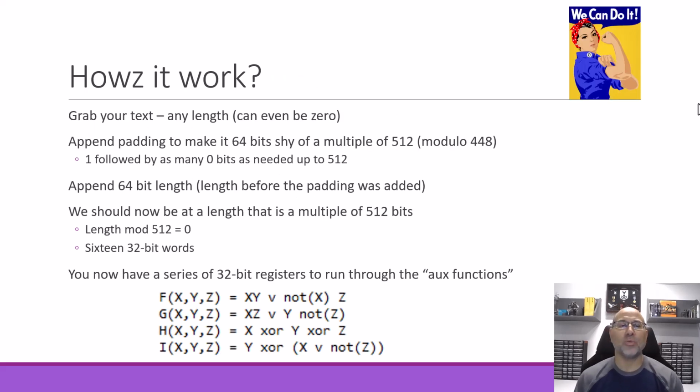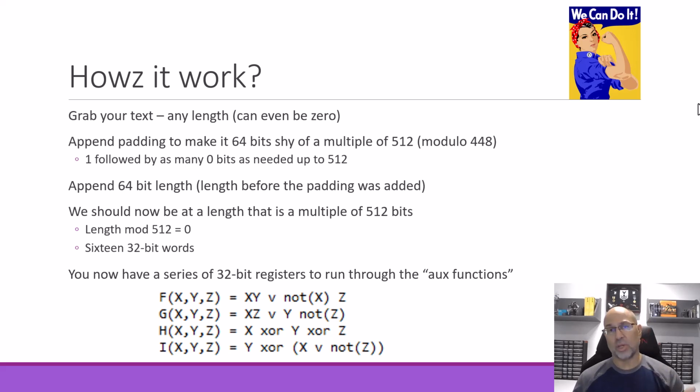So how does it work? Well, you grab your text, whatever it is, and you can even have zero length, but you have some number of bits. And then you're going to pad out the number of bits to be 64 bits shy of a multiple of 512, so modulo 448.